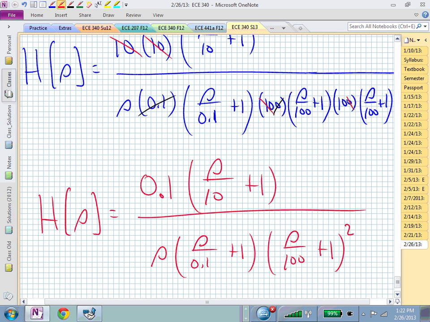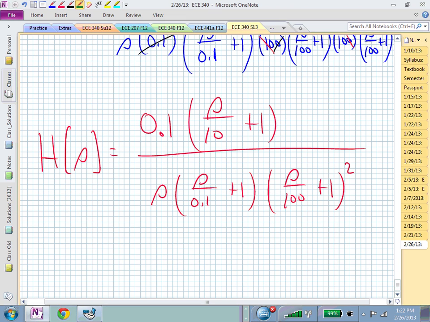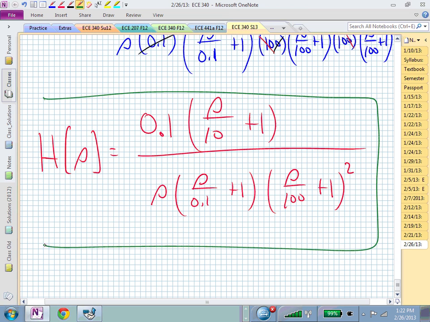And this is now in time constant form. Is that what you were getting when you were doing your time constant form before?